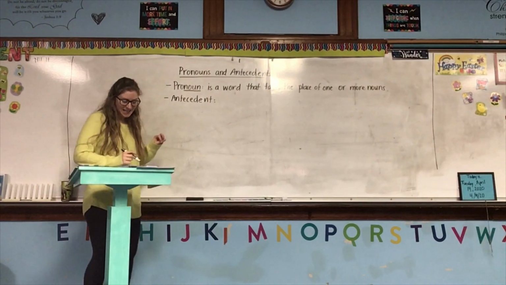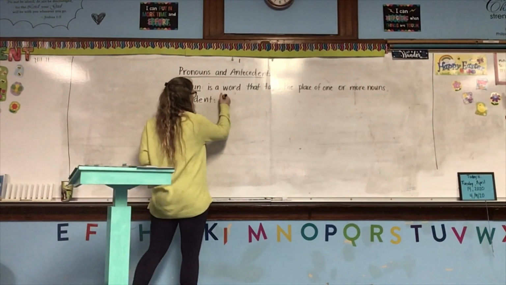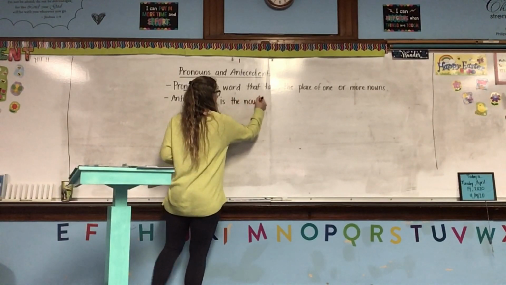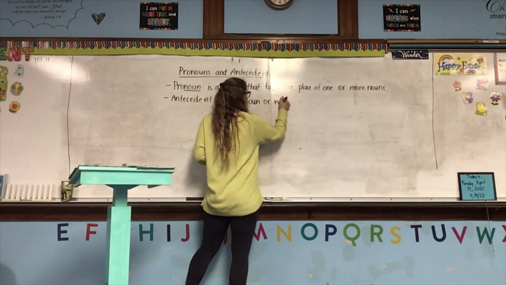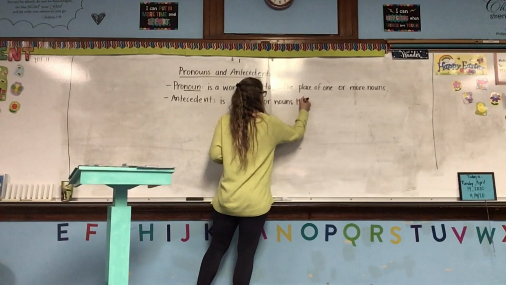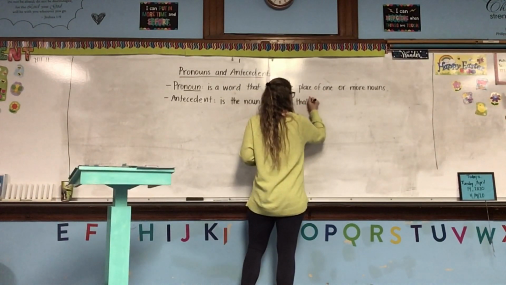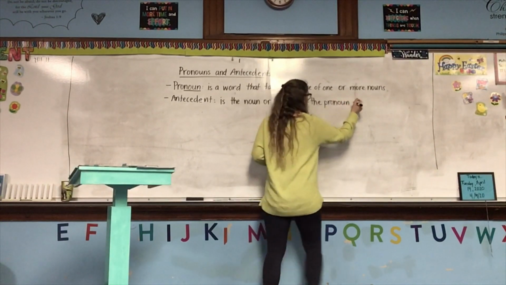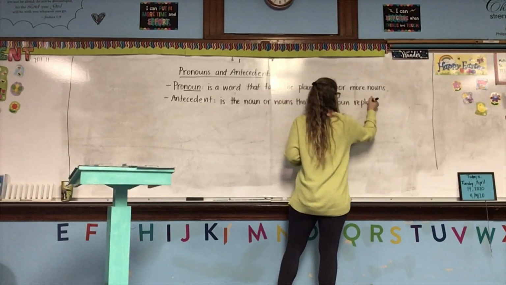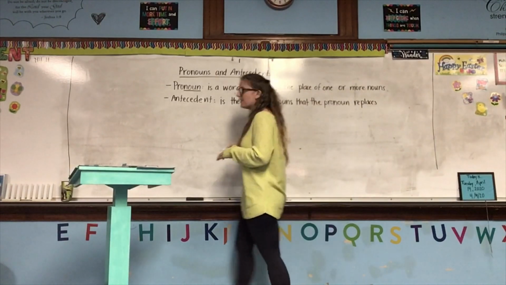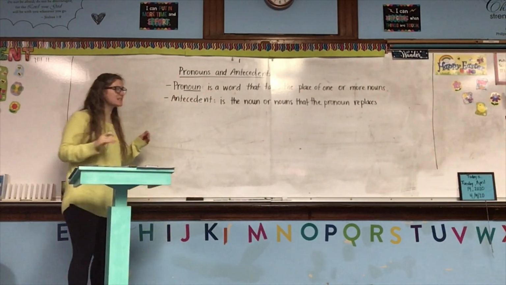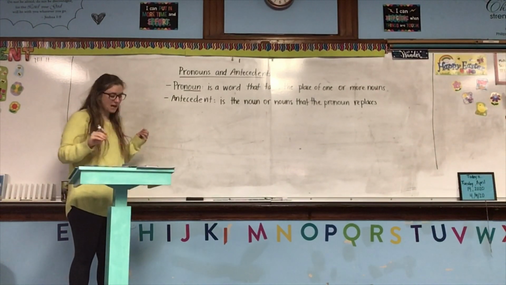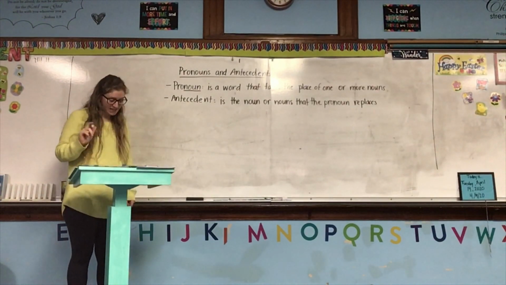So an antecedent is the noun or nouns that the pronoun replaces. So the pronoun is a word that takes the place of the antecedent, and the antecedent is the noun or nouns that the pronoun replaces.